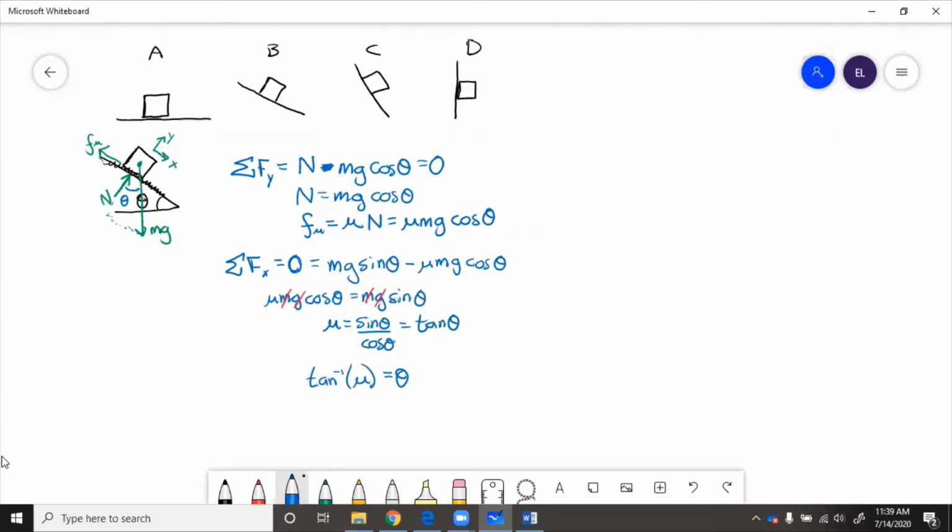So this is absolutely fascinating, that whether or not a block will slide on a plane does not depend on the mass of the block. It does not depend on the acceleration due to gravity. It only depends on friction of the surface and the angle of the plane. So at some certain angle, it's going to be enough that the block will overcome that friction and just slide down.